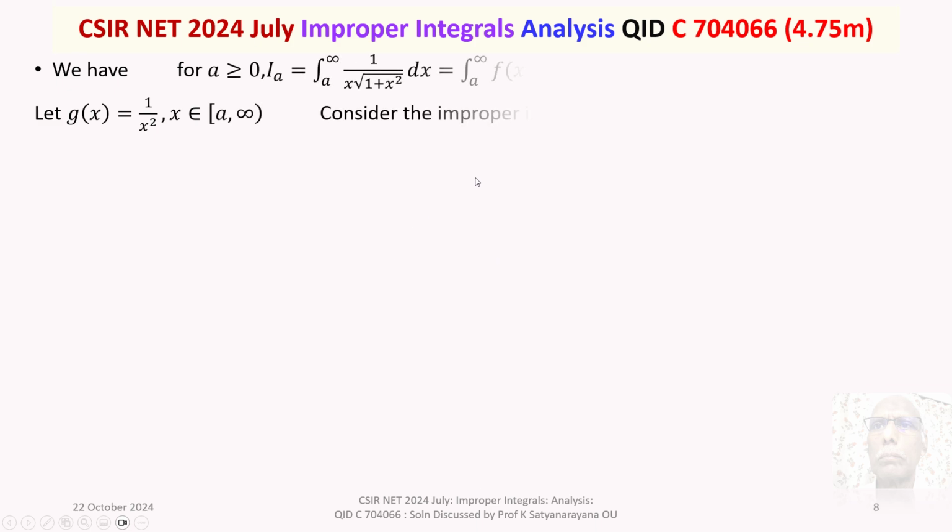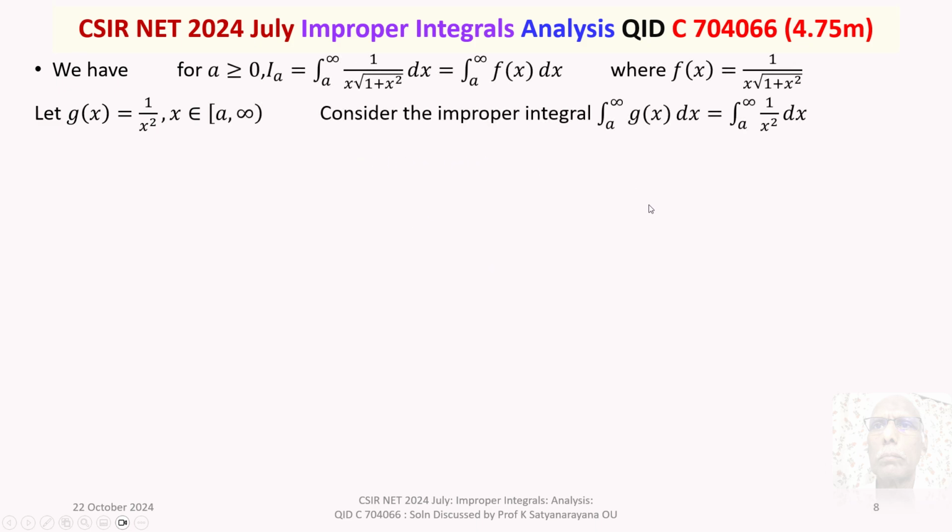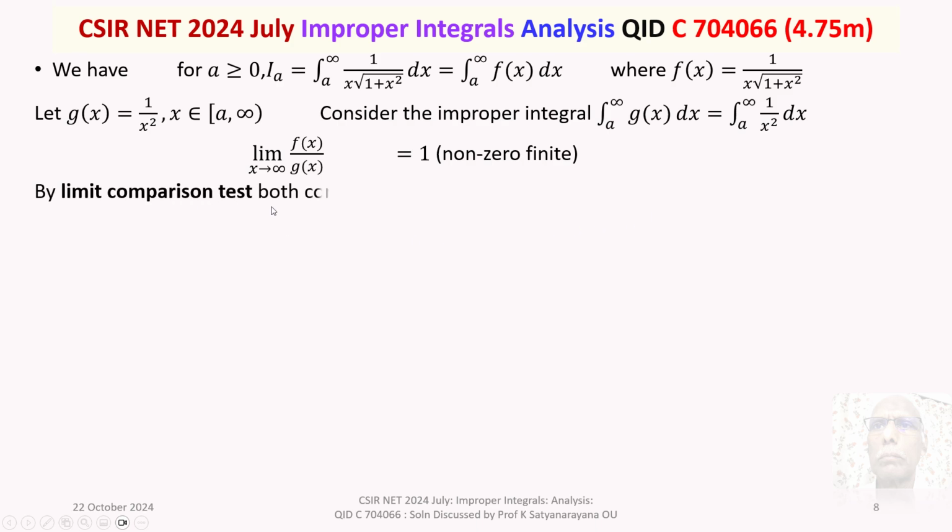So we continue in the next slide. So this is what we have done, and we have seen limit x tends to infinity of f x by g x is 1, which is a non-zero finite number. By the limit comparison test, both the improper integrals, that is integral f x dx and integral g x dx, both converge or diverge together.